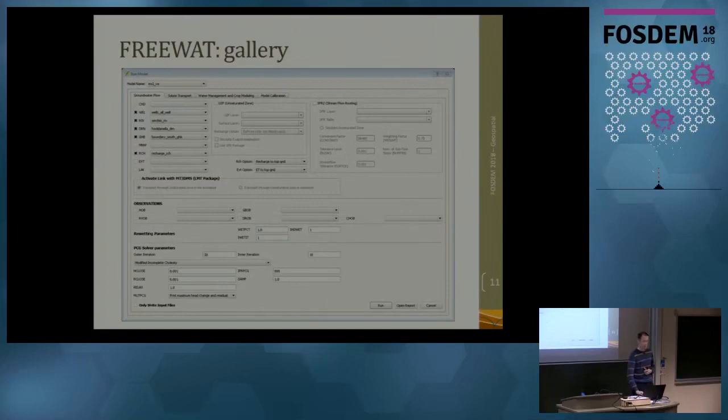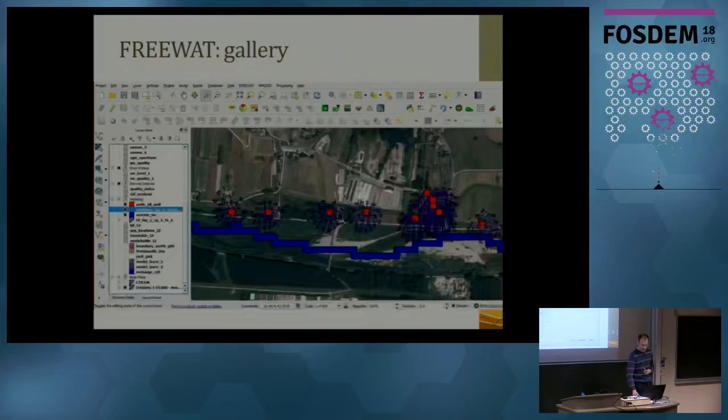So it uses MODFLOW 2005. You can select the desired packages here, insert some solver parameters, and it's the usual MODFLOW stuff. And then you press run, and hopefully it converges. And then you get some results.